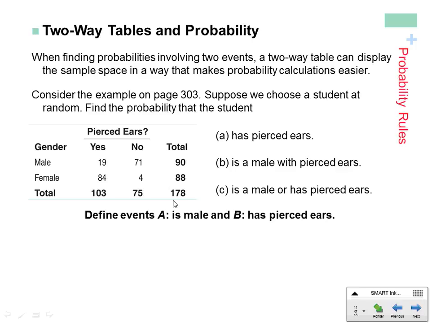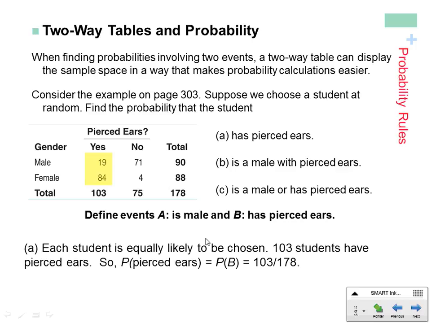All right. So here's the first thing. What is the probability that somebody has pierced ears? I'm going to come down to the pierced ears section, and this right here is yes, they have pierced ears. I don't care if it's male or female, I just want to know if they have pierced ears. So it's 103 people out of 178. So the probability that they have pierced ears is 103 out of 178.